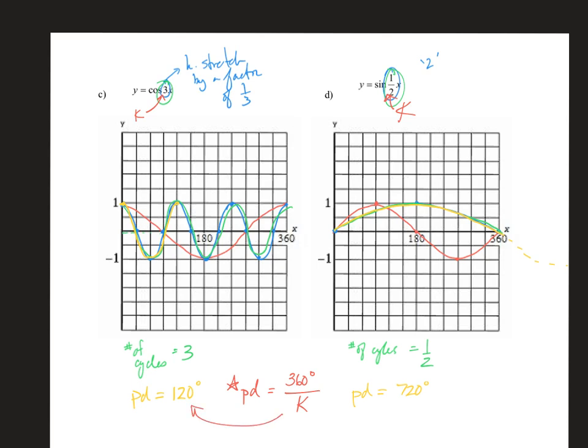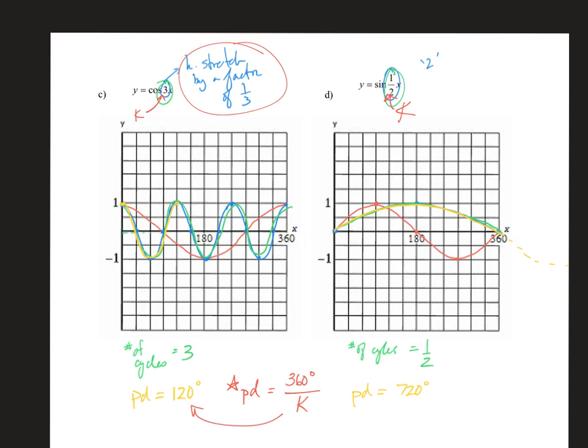And that should make sense, because if my normal period on my graph is 360, and a 3 on the inside of my graph causes a horizontal shrink by a factor of 1/3, then I need to take what used to occur over 360 and shrink it down. It's now going to repeat in 120.